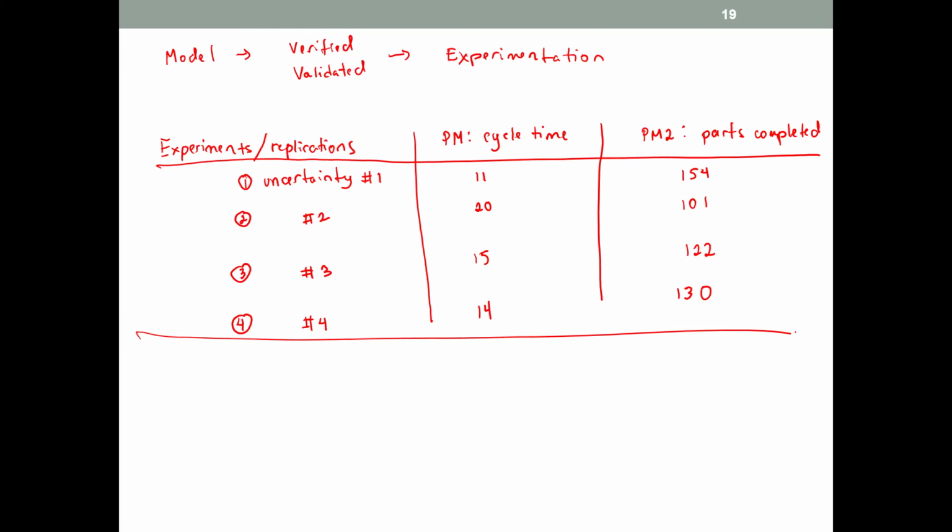So what this TAVG, let's say your cycle time is your tally. And this could be also another tally, parts completed. But in our case, this will be a counter. Let's define it as counter.